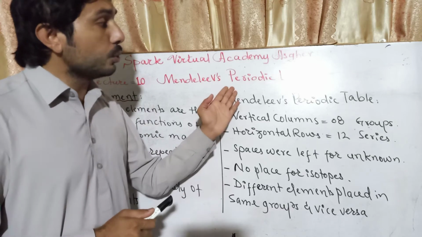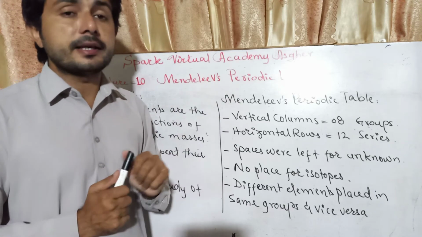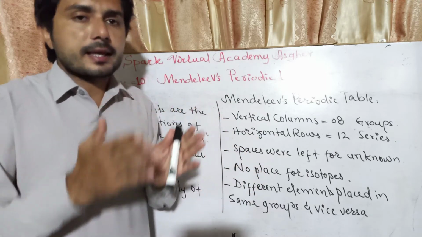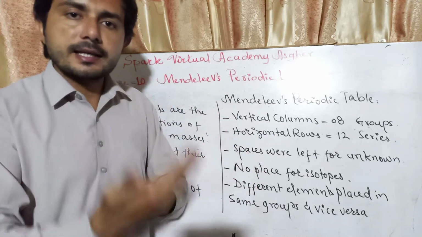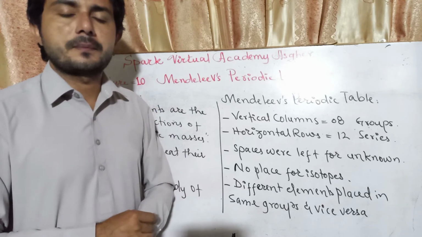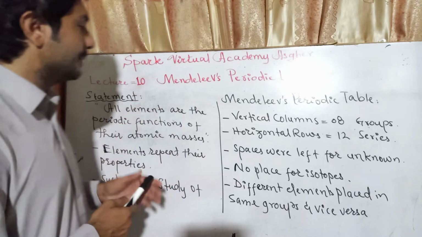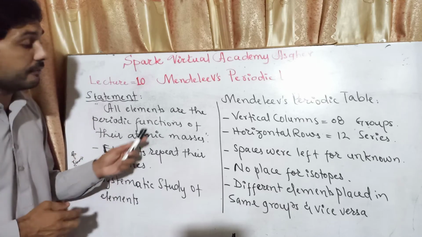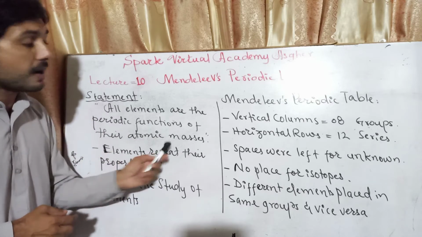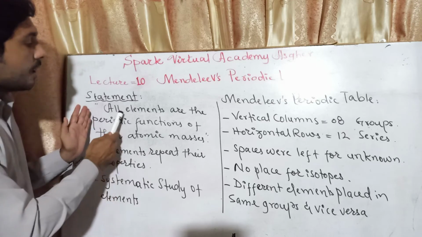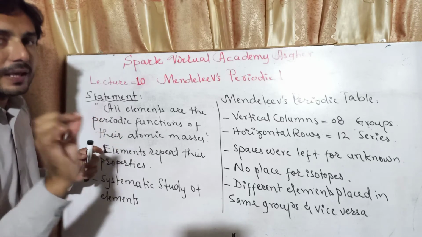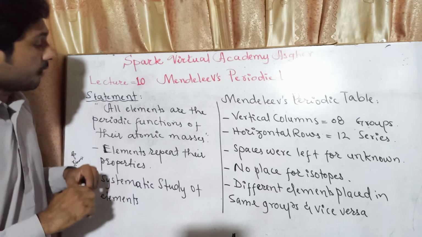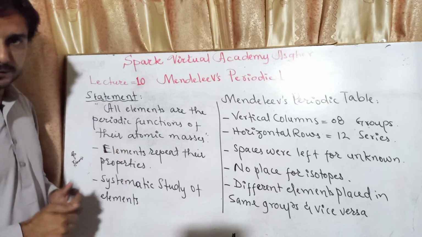He proposed a periodic law. According to Mendeleev, all the elements repeat their physical and chemical properties after a certain interval. So he proposed the periodic law, which is that the properties of all the elements are a periodic function of their atomic masses.